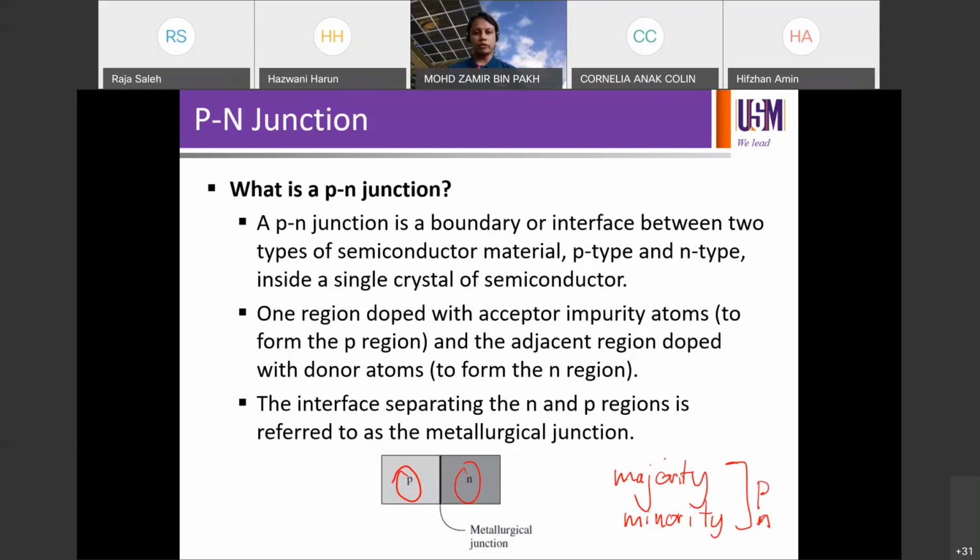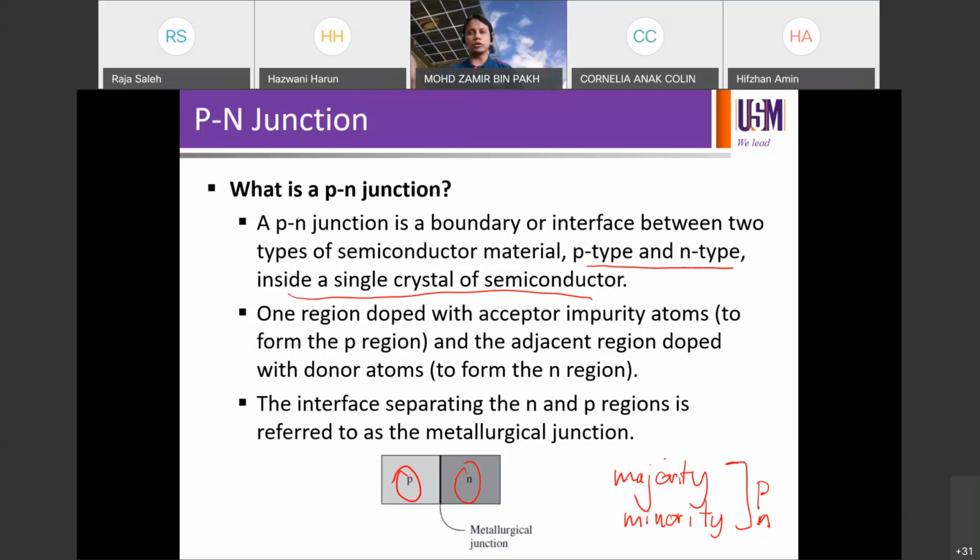A PN junction is a boundary or interface between two types of semiconductor material, P-type and N-type. We are combining P-type and N-type inside a single crystal of a semiconductor. This is a general definition of a PN junction, where you have P and N polarities combined in a single crystal of a semiconductor material.